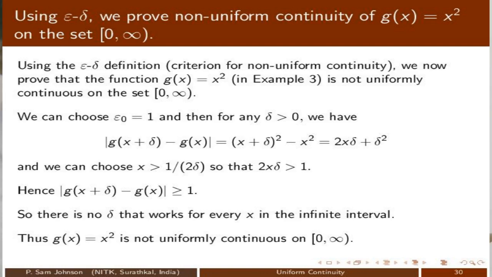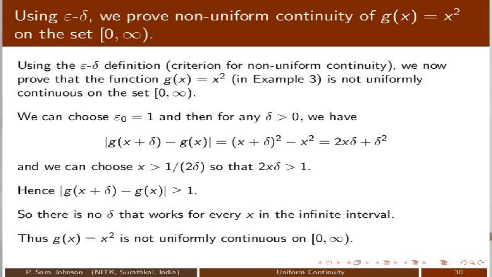So for any delta, if I calculate this difference, it is this. Therefore, if I choose x greater than 1 over 2 delta, then this relation happens. So this quantity 2x delta is more than 1. Delta square is non-negative. Therefore, this quantity is greater than or equal to 1.